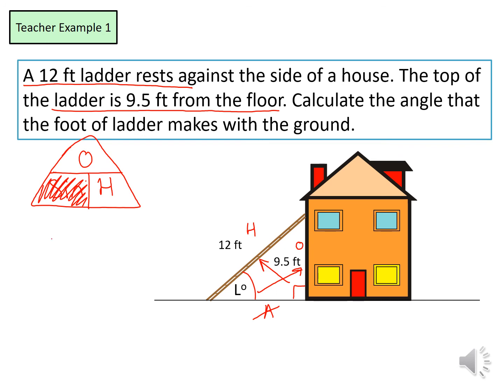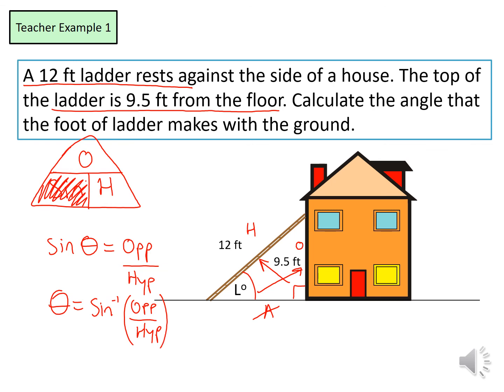Remember, this is an angle question, so let's write it out. Sine angle equals opposite over hypotenuse. We want to get the angle on its own, so you have to do the inverse. Now we can substitute our values into this equation.